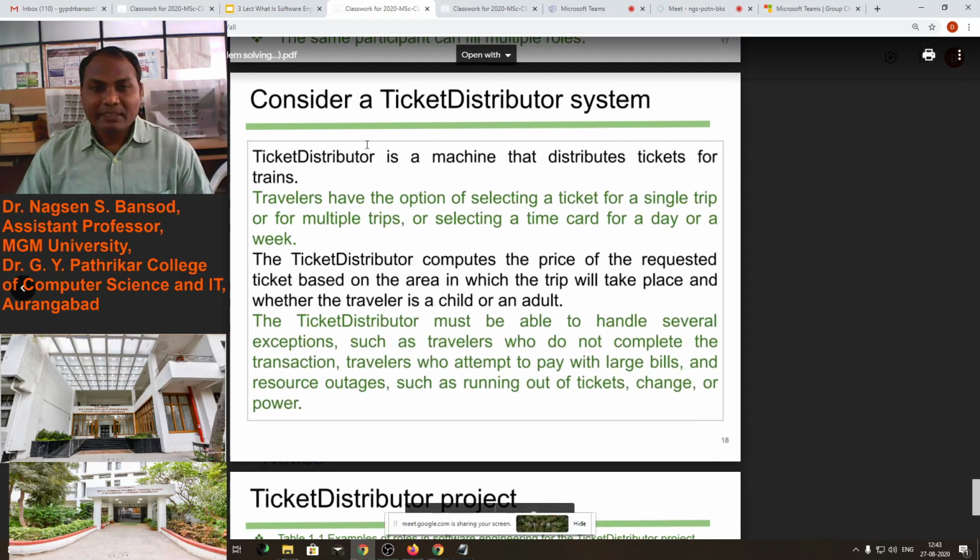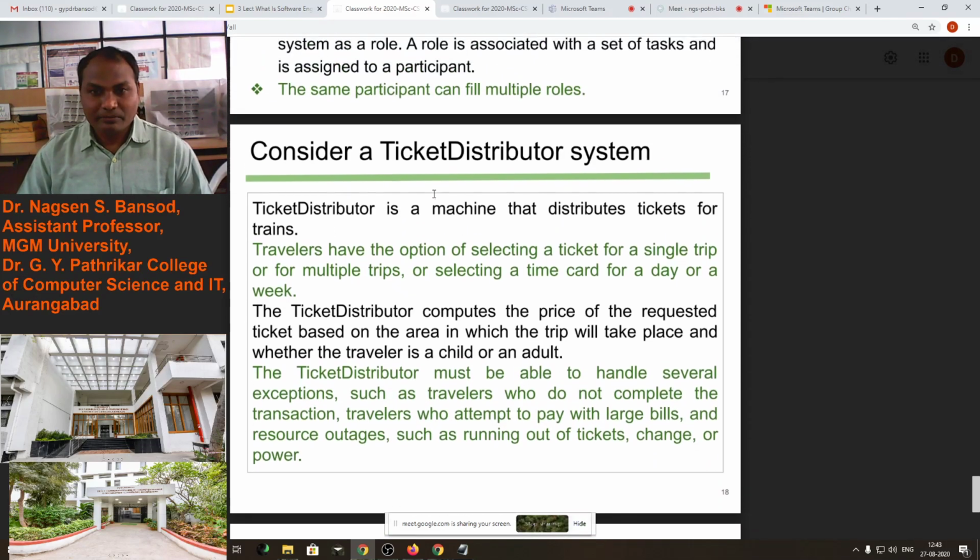Now consider a ticket distribution system. This is one example of a system, how this system works. You see the ticket distributor system. A ticket distributor is a machine that distributes tickets for trains.